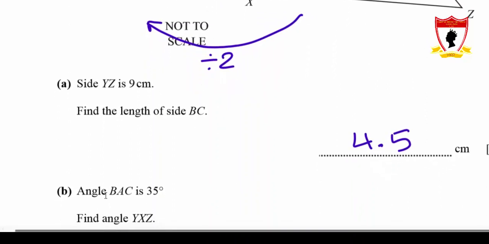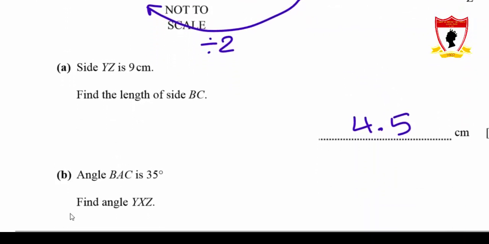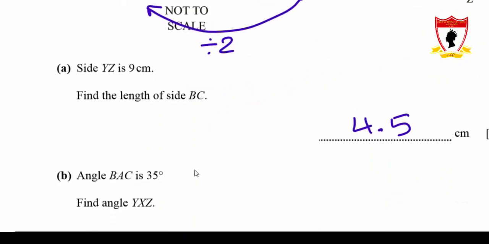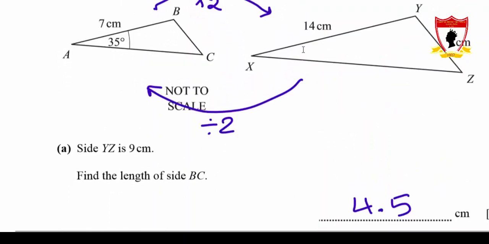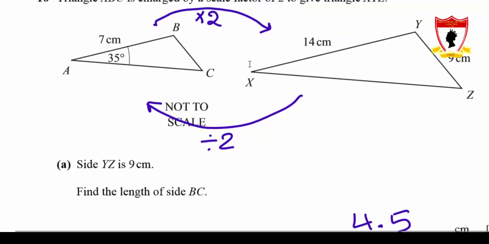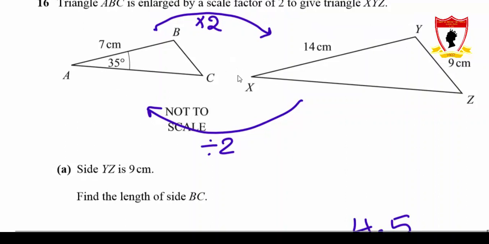Angle BAC is 35 degrees. Find angle YXZ. Then this angle is the same. Well, in enlargement, the sides are getting bigger, but the angles will not change. And one reasonable answer to this, why the angles will not change: the angles in this triangle add up to 180.